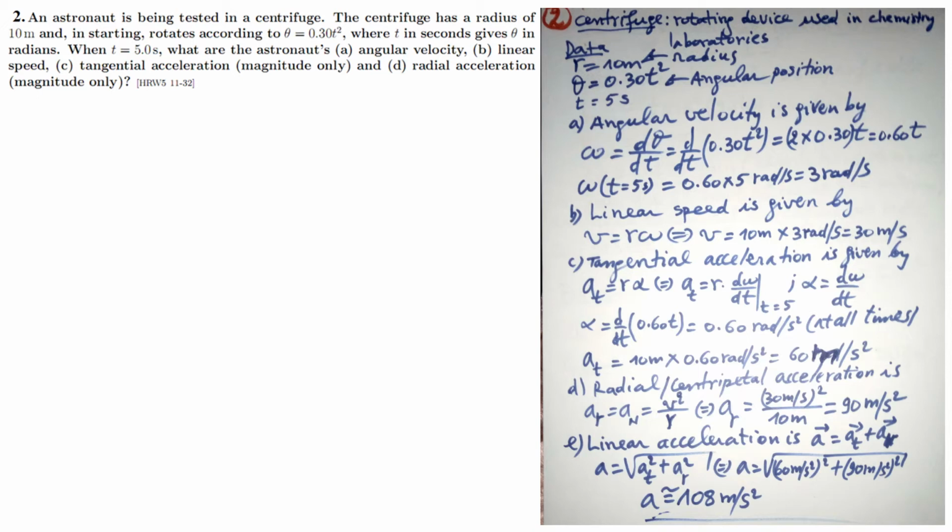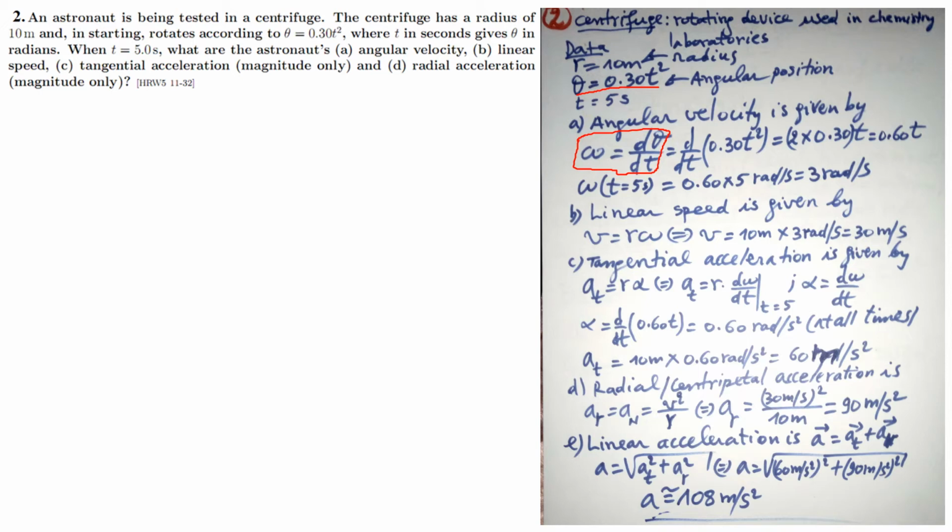In A, we are asked to determine the angular velocity of the centrifuge. The angular velocity is given by the general expression that angular velocity is equal to the first derivative of angular position with respect to the time. As we are given the angular position as 0.3 times t squared, this is the derivative with respect to the time t of the expression 0.3 t squared.